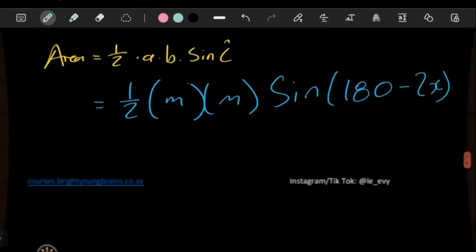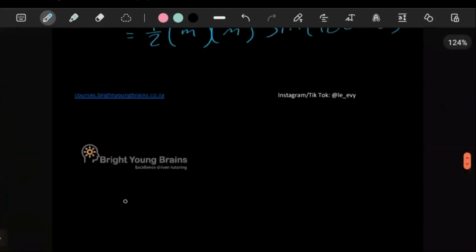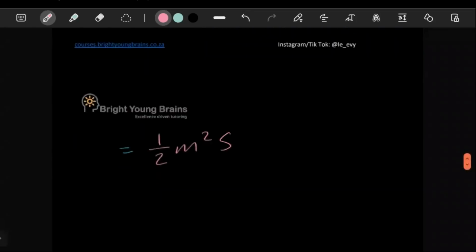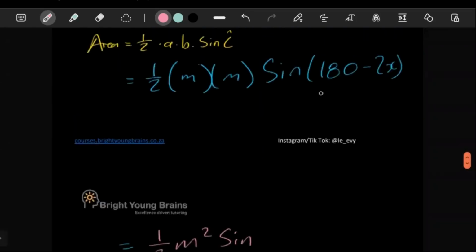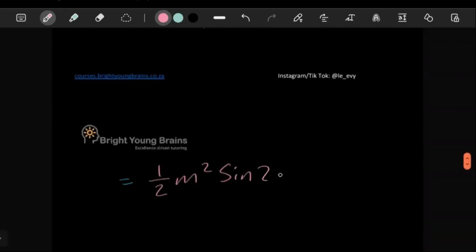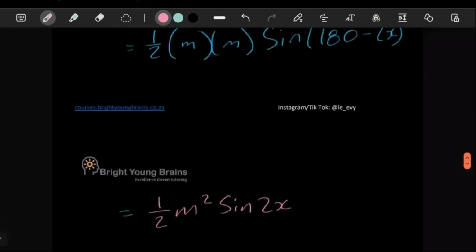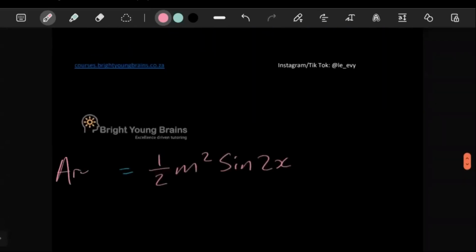So this gives me a half M squared, a half M squared, sine of 180 degrees minus, so that's sine 2x. And what is this now? Area. There we go.